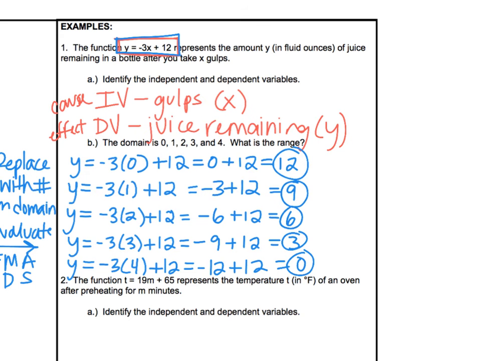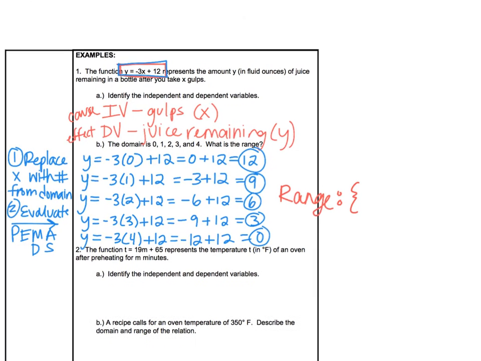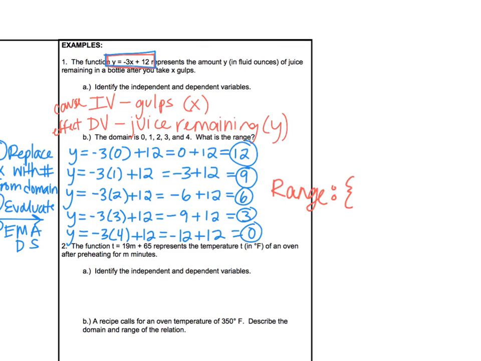So those 5 numbers are my range. Since they're just a list of numbers, I write them in the squiggle lines, like this. So my range, I'm going to do smallest to greatest, 0 first, then 3, 6, 9, 12. It asks for what is the range, those 5 numbers.